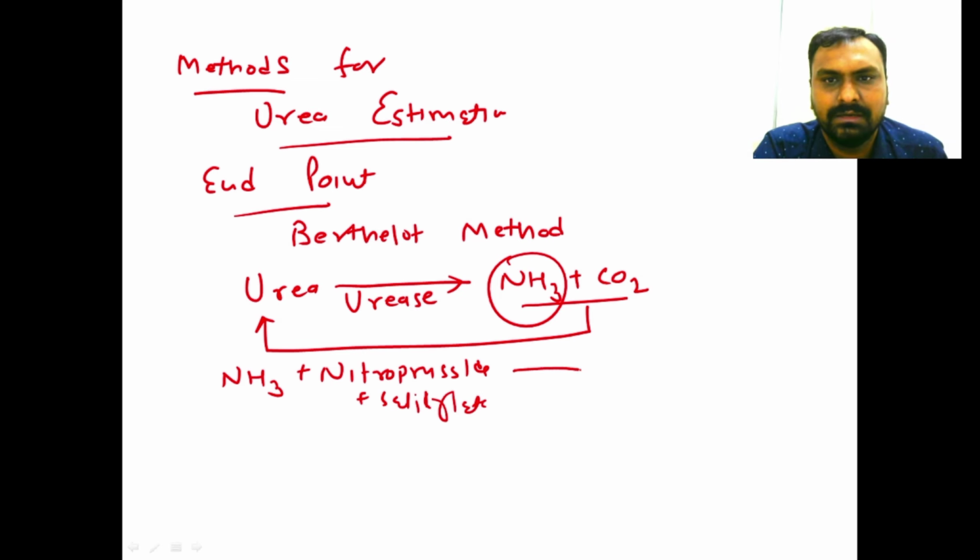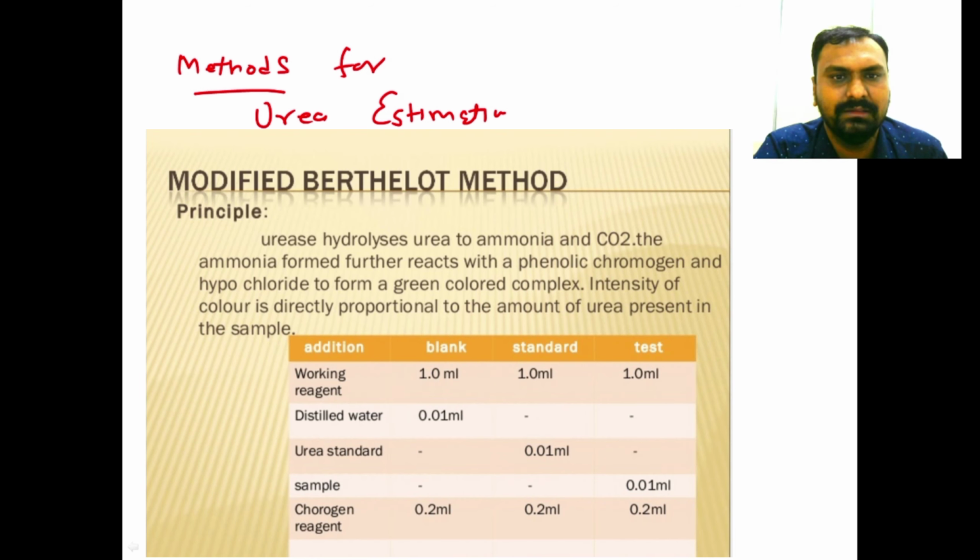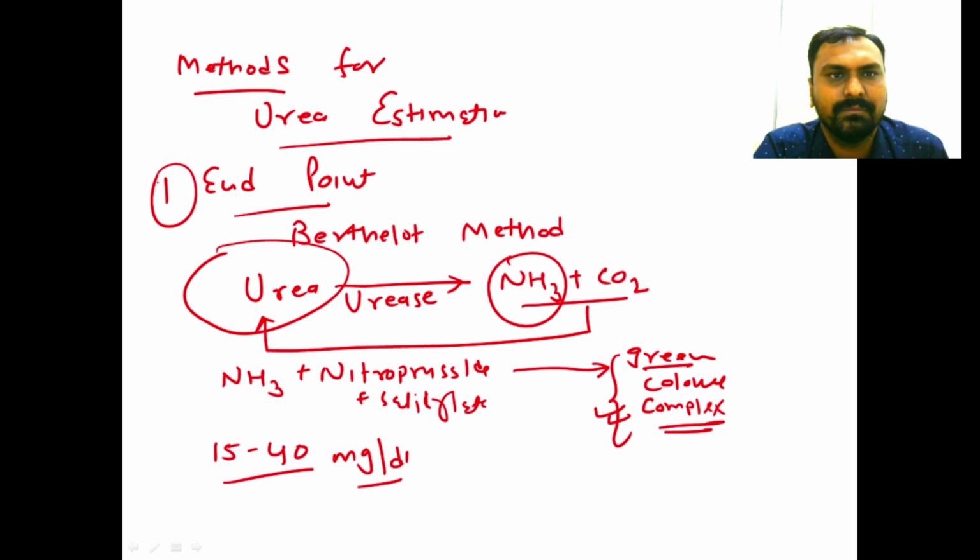Okay. In the presence of hypochlorite, it gives a green color complex. The intensity of the green color produced is directly proportional to the concentration of urea in the sample. Okay, and the normal level of urea is 15 to 40 milligram per deciliter. So this is one method for estimation of urea, that is the Berthelot method.